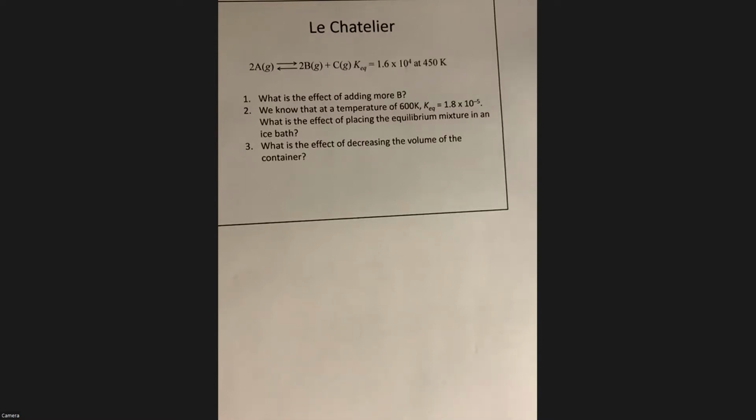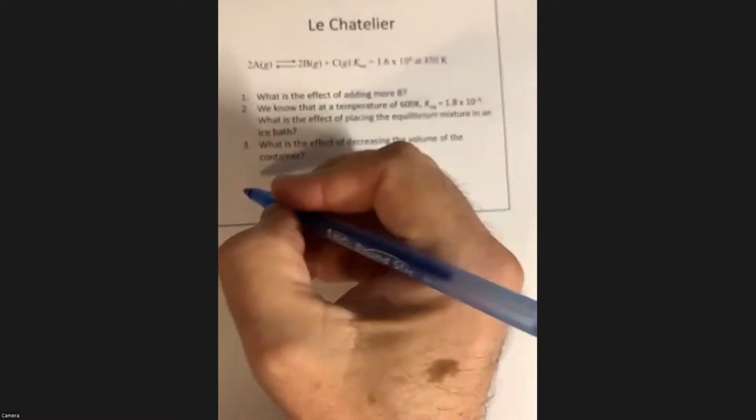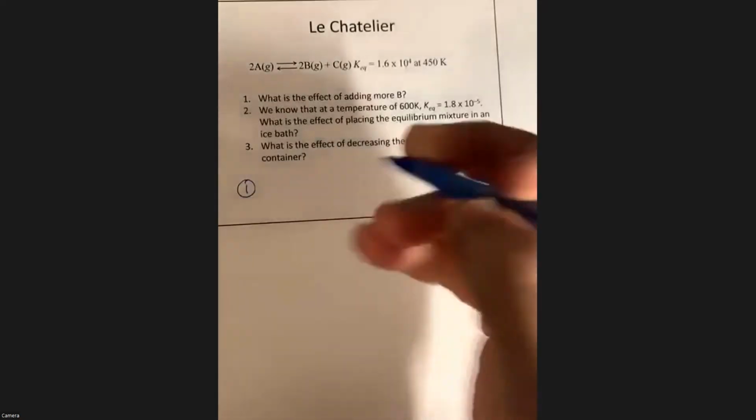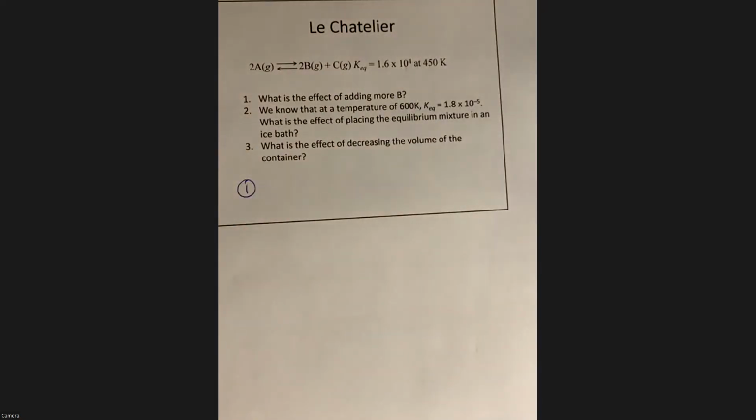So here we go. Le Chatelier, which says that if there's a stress placed on a system at equilibrium, the system is going to compensate to reestablish equilibrium. Again, do the seesaw. So let's see here. What is the effect of adding more B? Which side is B on?